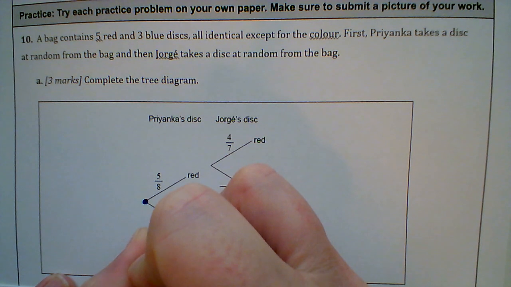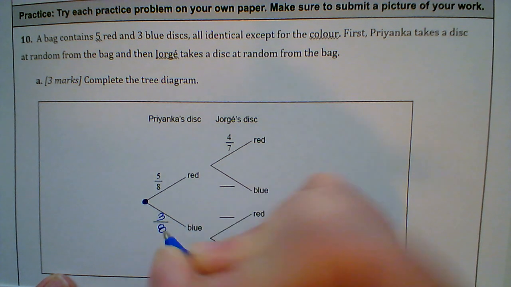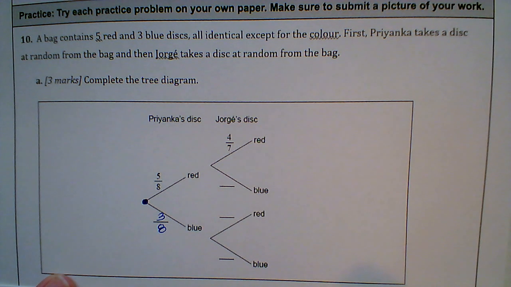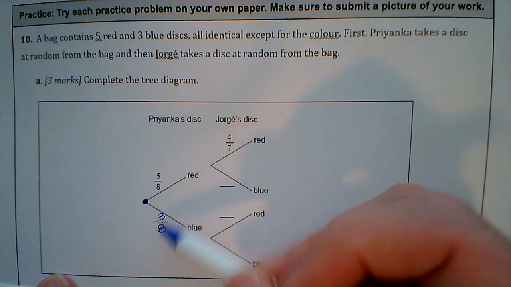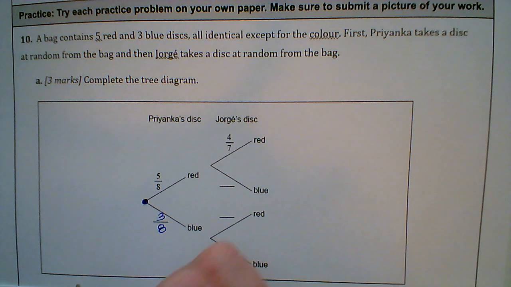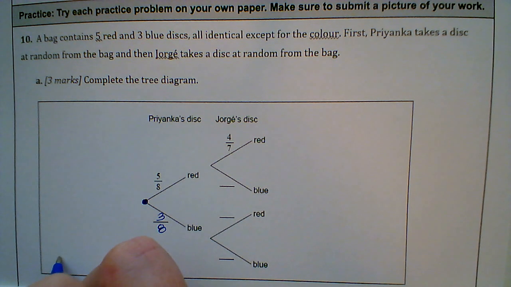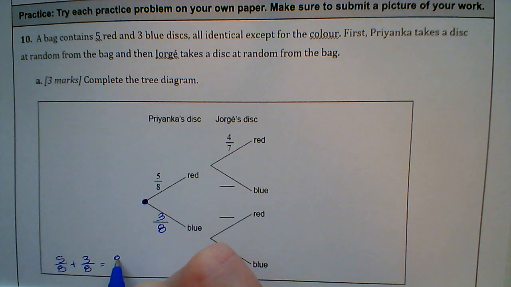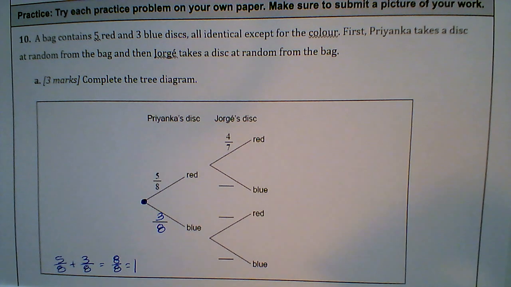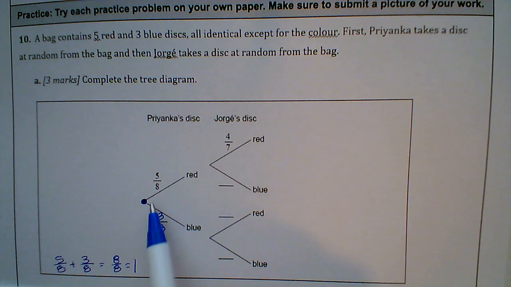We know 3 out of the 8 discs are going to be blue. And notice these two add up to 1. If I have 5/8 and 3/8, this is going to add up to 8/8, which is going to give me 1. And that will always happen for branches that come from the same vertex.